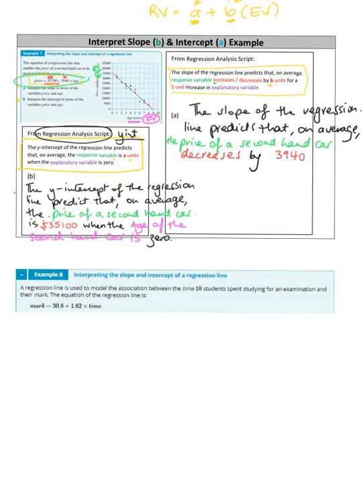Now the units of the variable you just wrote. We just said that we were talking about the price of the second-hand car. So if we're talking about the price of the second-hand car, this 3940 would be in units of money. So it'd be dollars. So decreases by $3,940.